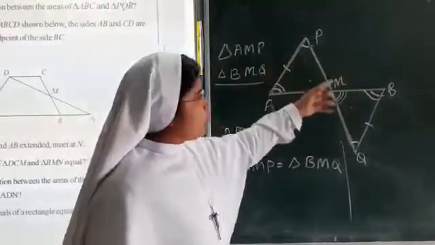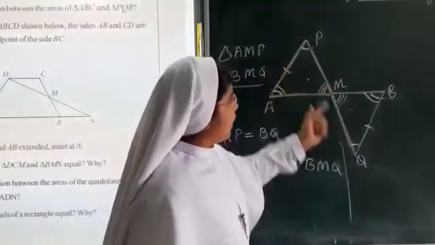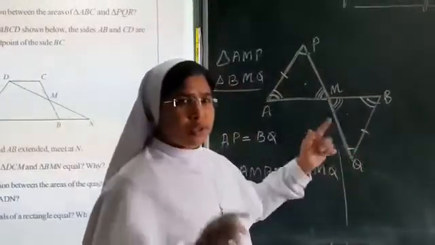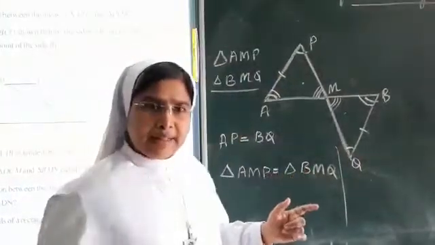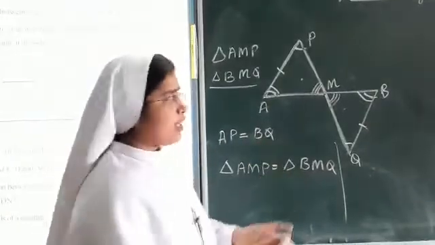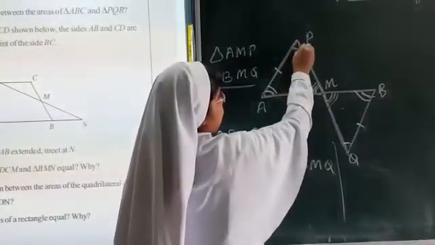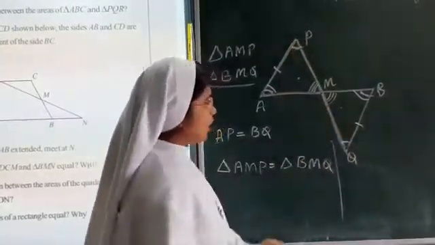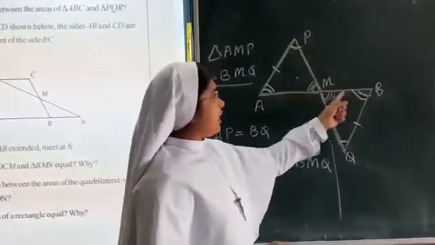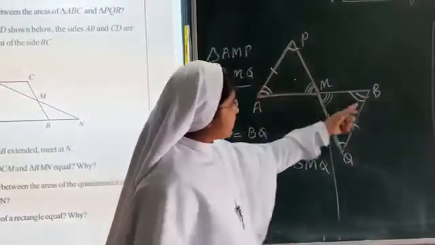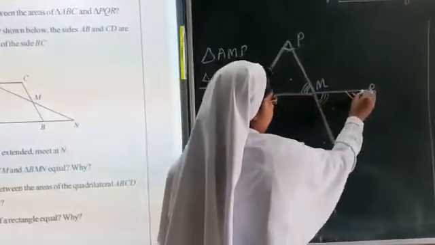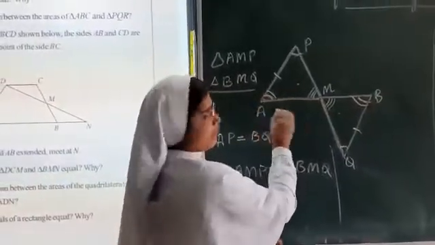So we know when two parallel lines, here AP and BQ, are cut by another line, then their alternate angles are equal. That is, angle P and angle Q are equal. Now again we have one more line cutting here. When the two parallel lines are cut by another line, then their alternate angles are equal.